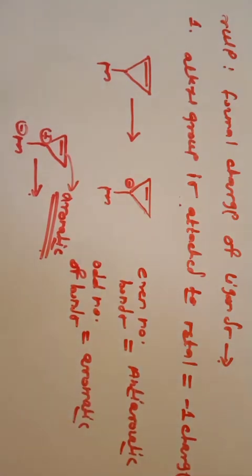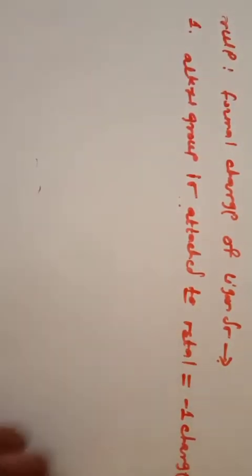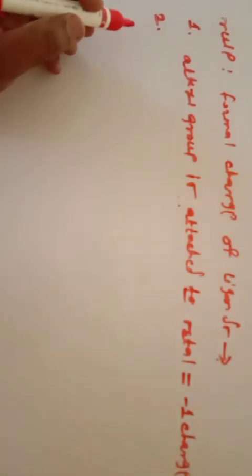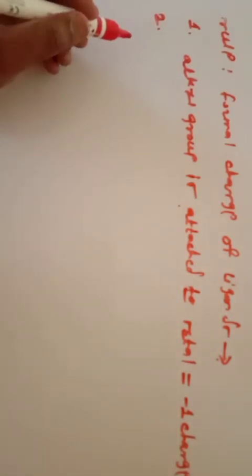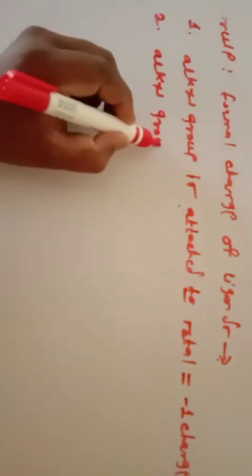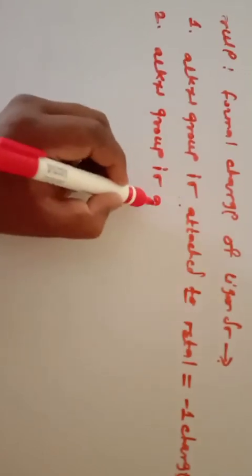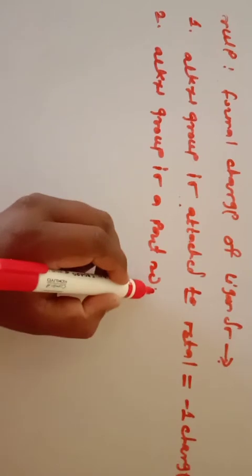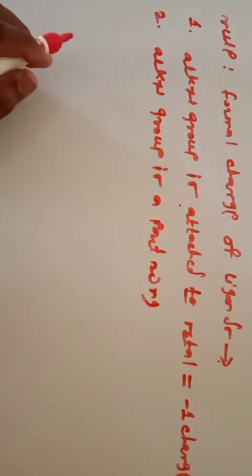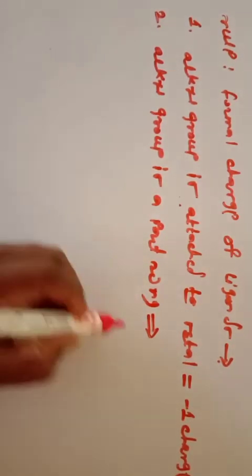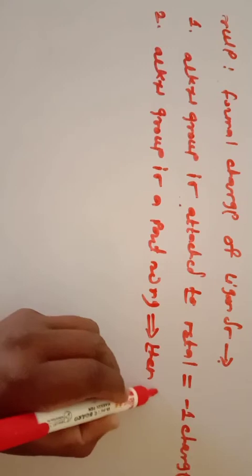Let us discuss another example. So this is the second rule. Whatever we discussed is your second rule. Whenever an alkyl group is a part of a ring, a cyclic ring system, then you should see the aromaticity.